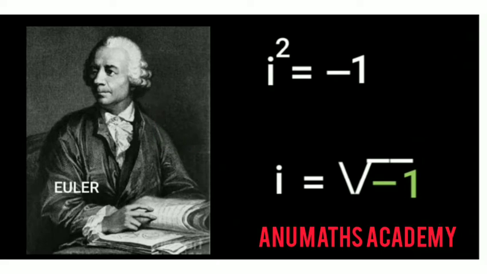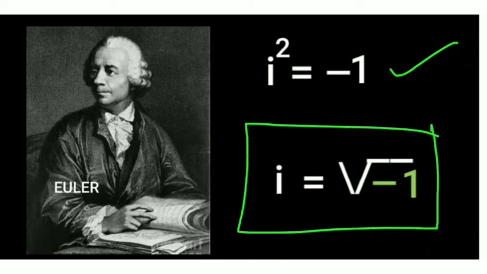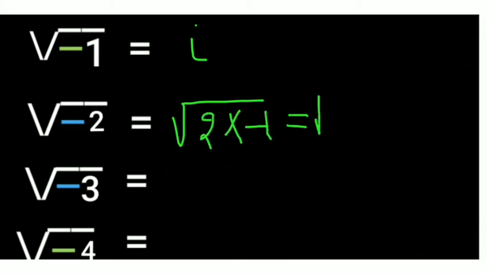So first of all, i square equal to minus 1, which put another way is i equal to root minus 1. So what about root minus 1? Obviously it is iota, or i. What about root minus 2? I write it as 2 into minus 1, splitting the root in a product way.